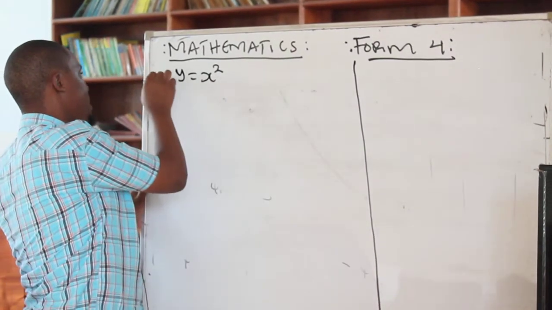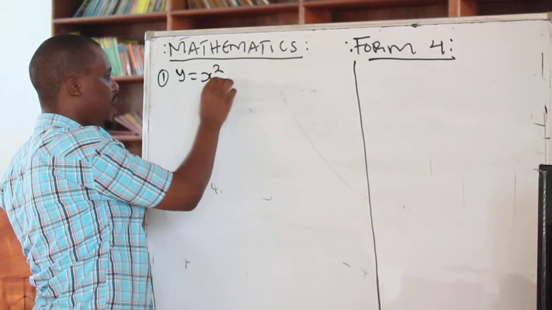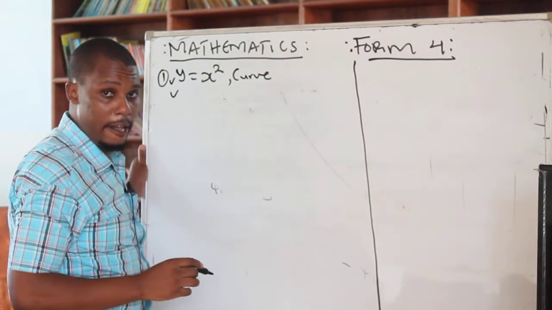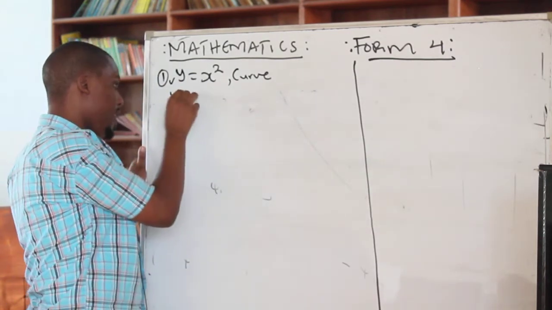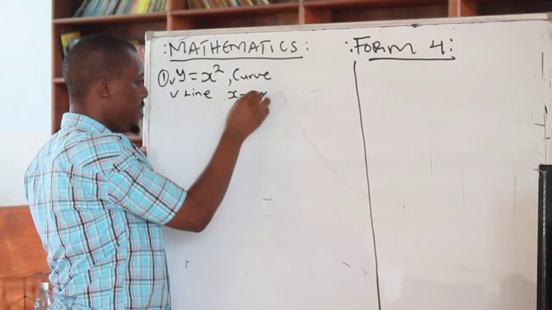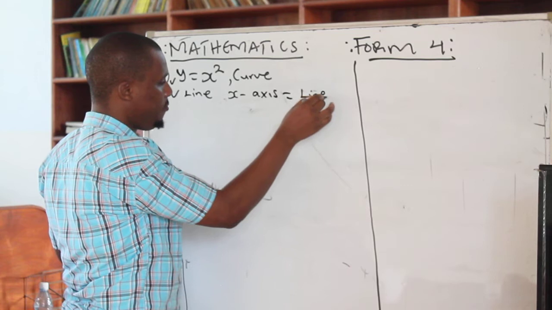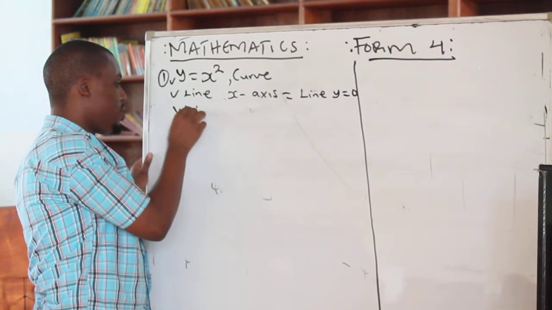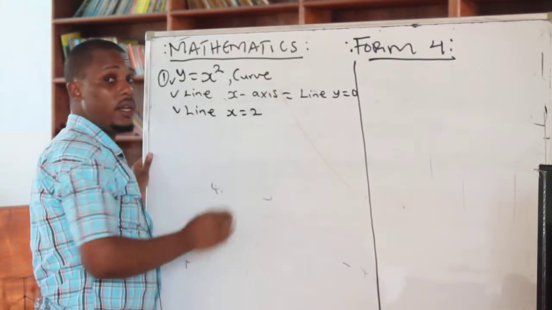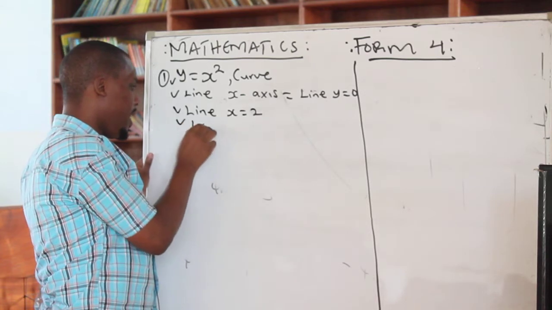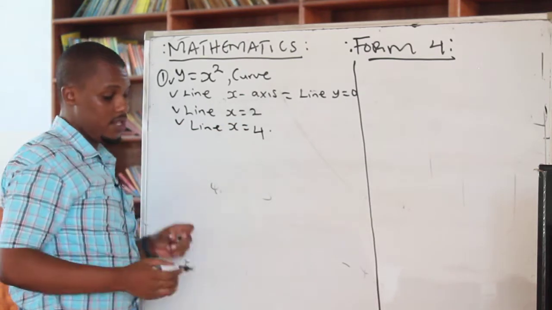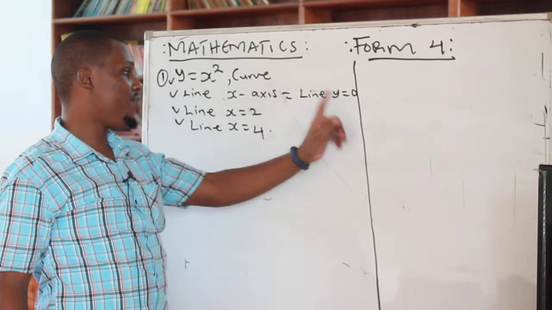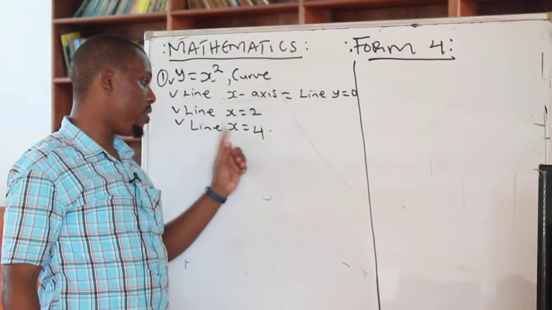The area is also enclosed by the x-axis, which we refer to as the line y equals 0, then the line x equals 2, and finally the line x equals 4. So the area is bounded by those four items: the curve, the line y equals 0, x equals 2, and x equals 4.